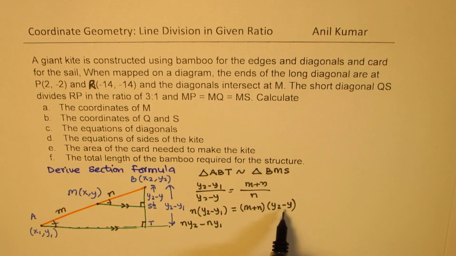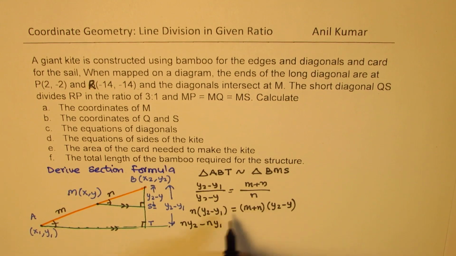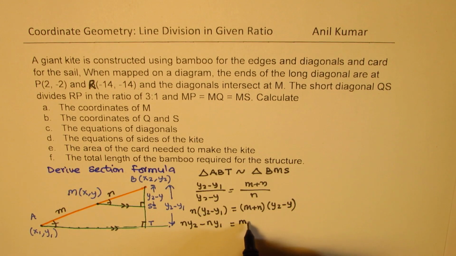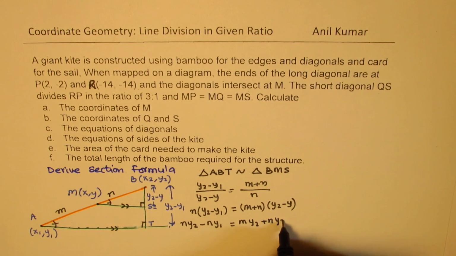Now here we have a term with y2, so we'll bring this term on this side. Let's open this first. So we have m times y2 plus n times y2, and we'll keep this as minus y, we need to isolate y times (m plus n).